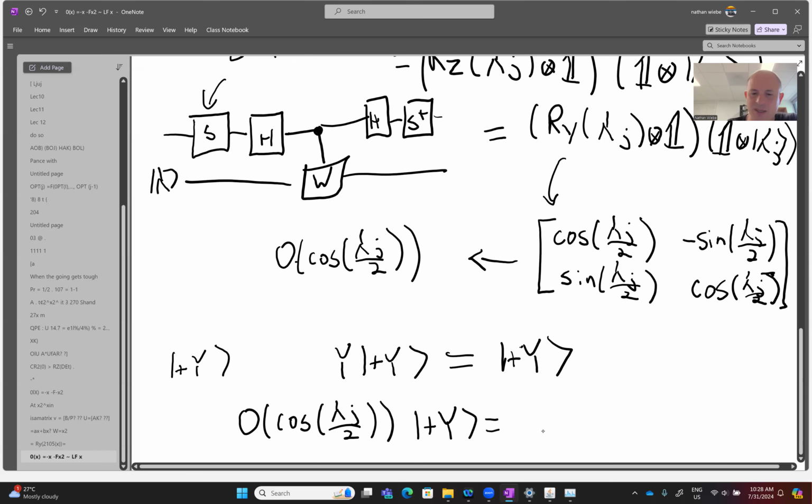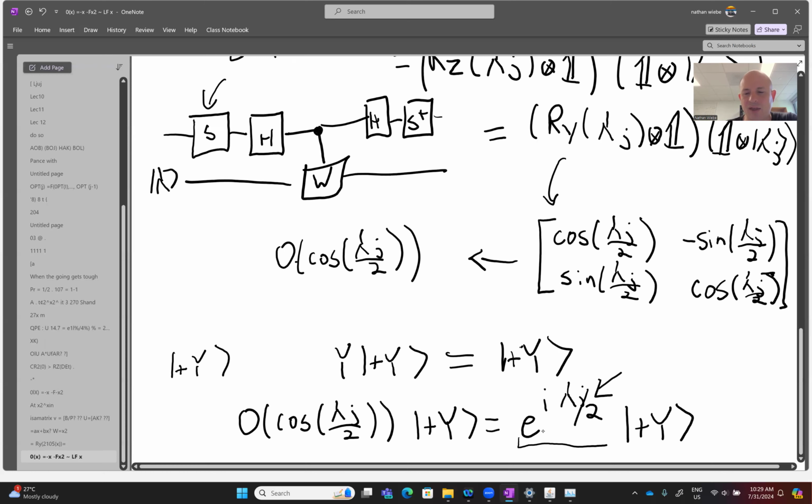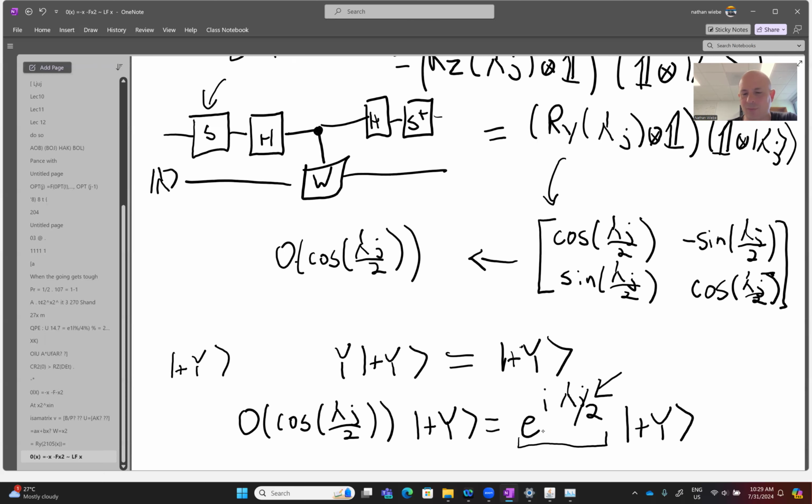This is just going to be equal to e to the i lambda over 2 times plus y. Okay, so these are our eigenvalues, or I say lambda j over 2. These are our eigenvalues that we end up having over here. So we have now an exponential of our original eigenvalues kicked back over here.